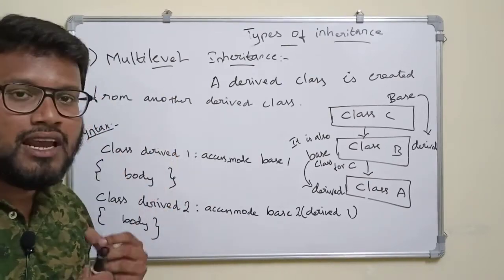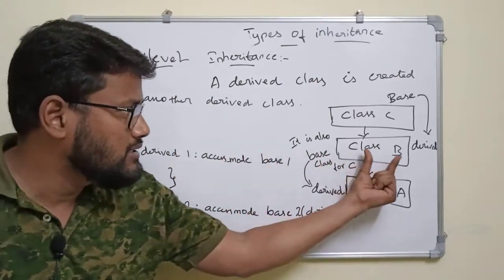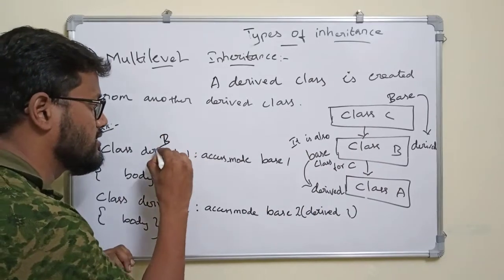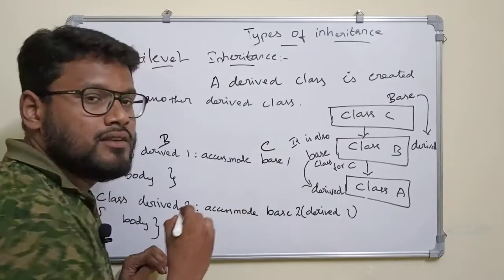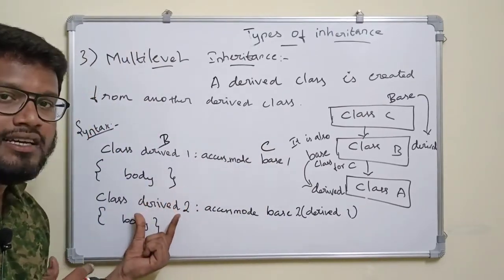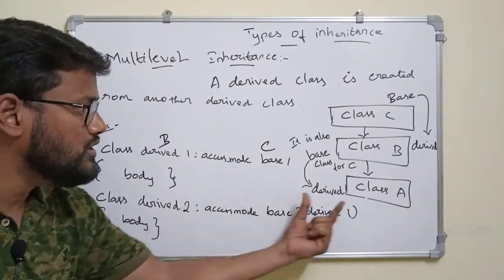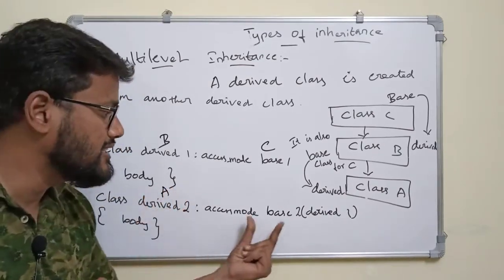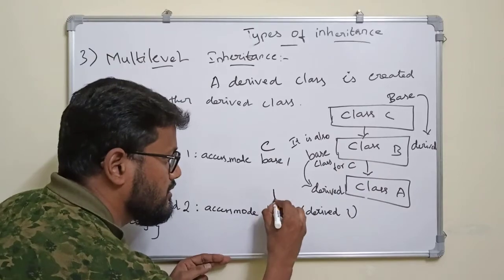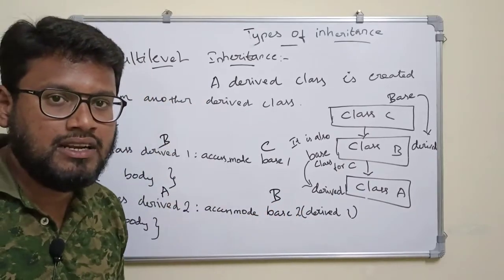Derived class 1, which is class B, inherits class C. Then the next derived class 2, which is class A, inherits class B. This is called multi-level inheritance.